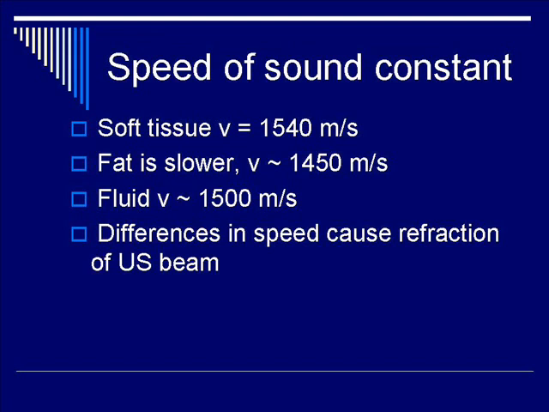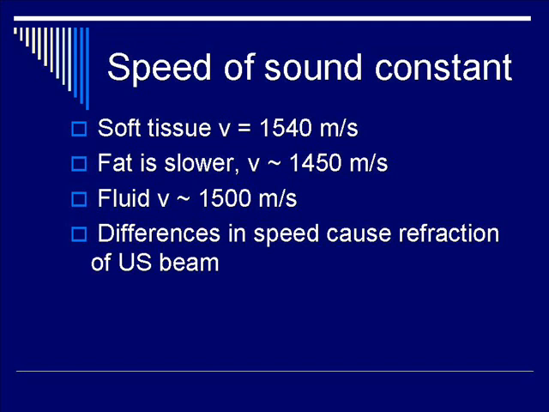And in fluid, which appears anechoic in ultrasound, the velocity is about 1500 meters per second. The differences in the speed in the different media will cause refraction of the ultrasound beam, which will, by virtue of the bending of the beam, cause the images to be located in places that you did not expect.